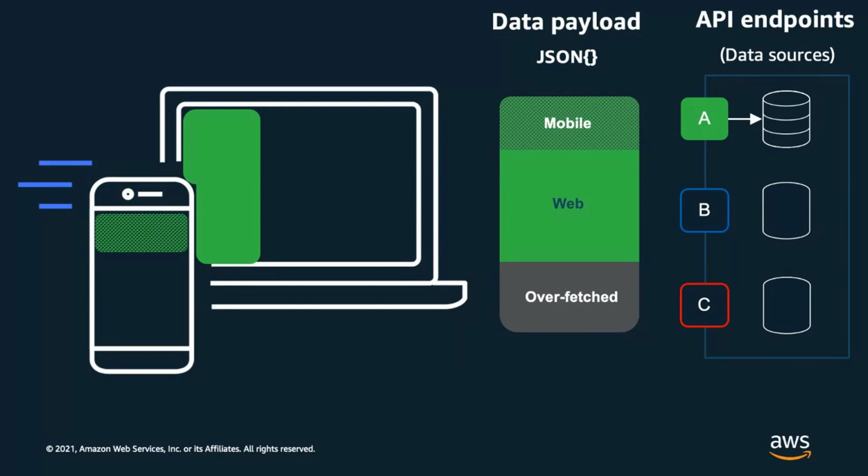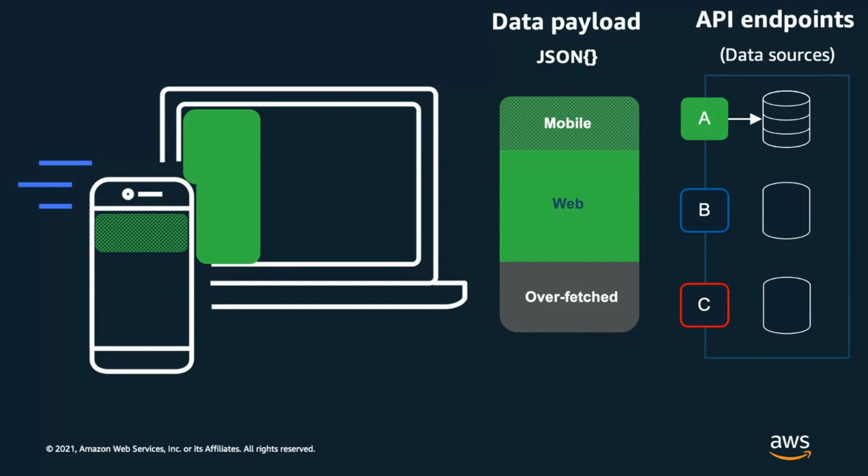Maybe it's a big JSON object with tens or even hundreds of fields. But mobile devices have smaller screens, so they need to display less data, while a laptop web browser has more screen size, so it can display more data. However, since the response payload is static, both devices receive the same amount of data from the API endpoint.